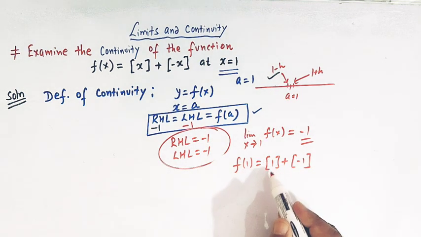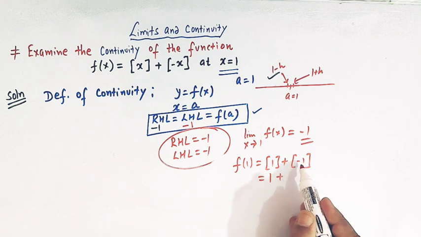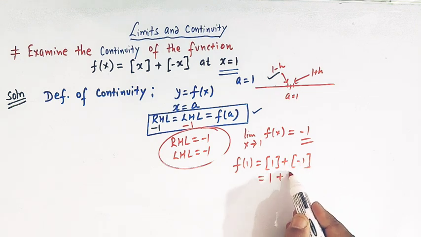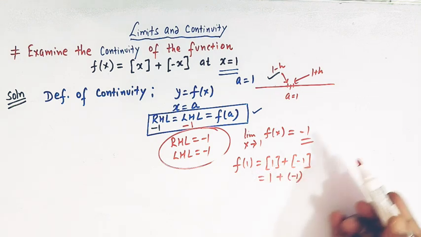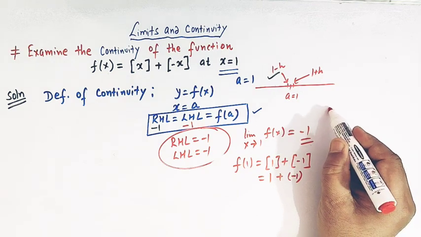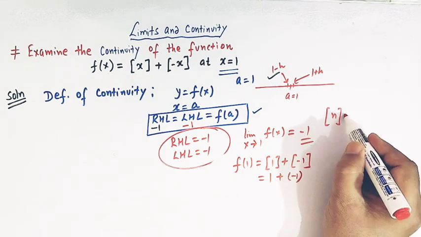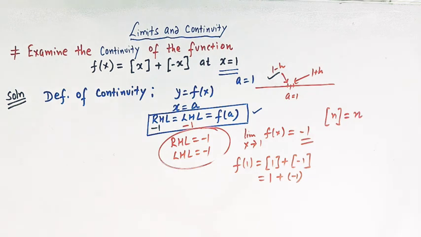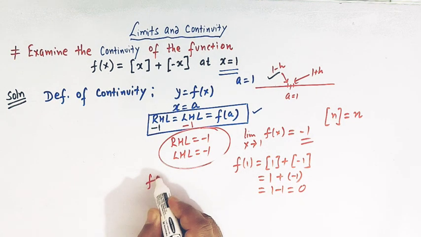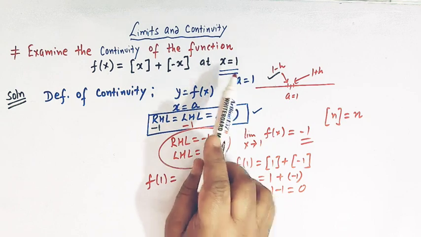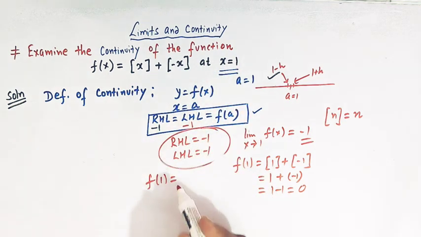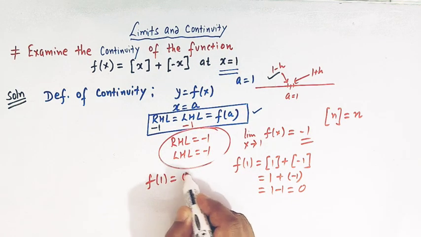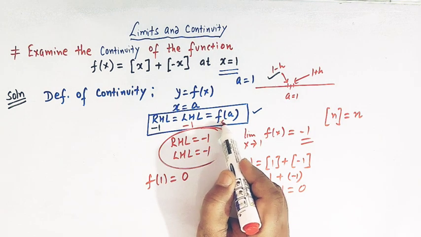The greatest integer of 1 is 1 and greatest integer of minus 1 is minus 1, because the greatest integer of any integer is the integer itself. So this is 1 minus 1, that is equal to 0. So viewers, the value of the function at x is equal to 1 is equal to 0.